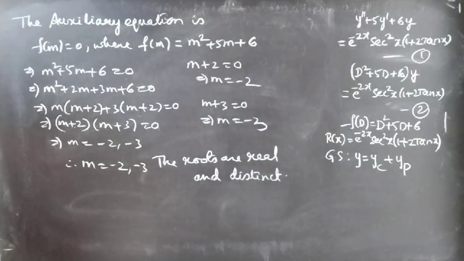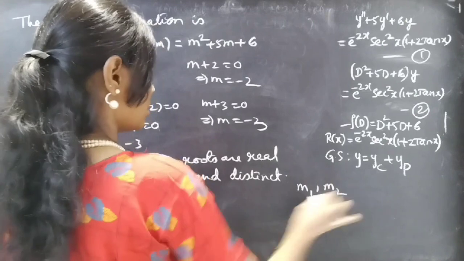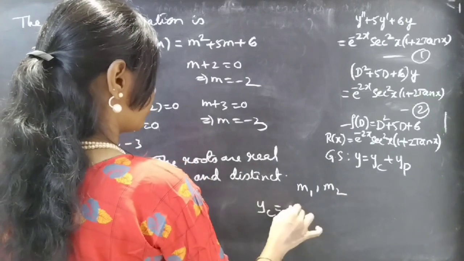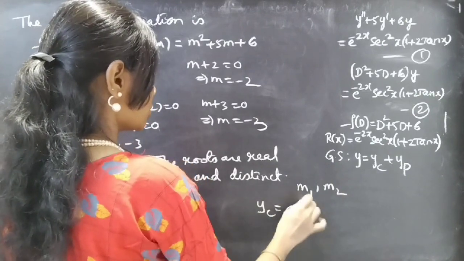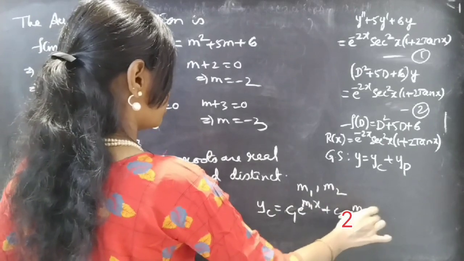We know that when two roots m1 and m2 are real and distinct, then yc equals one constant into e power one root into x plus another constant into e power another root into x.